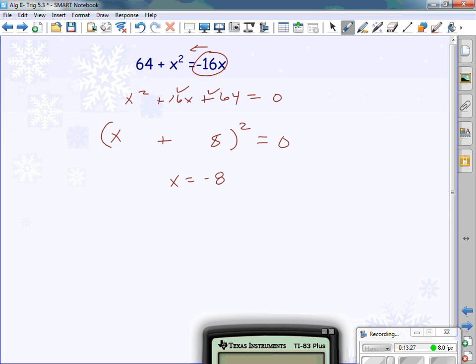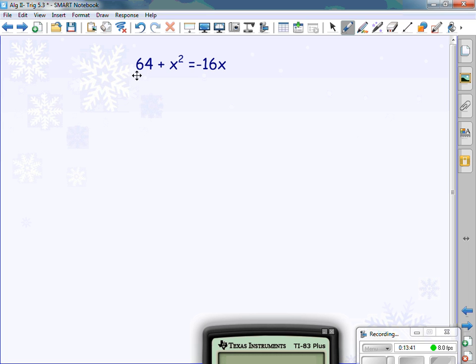Was there a lot of hard work going on here? No. By looking through, can I pull anything out? Is it special? I didn't have to go and try to figure out what times what is 64. If I didn't look at this whole special aspect, I would have moved it over. Okay, the only way I can get an x squared is an x and an x.